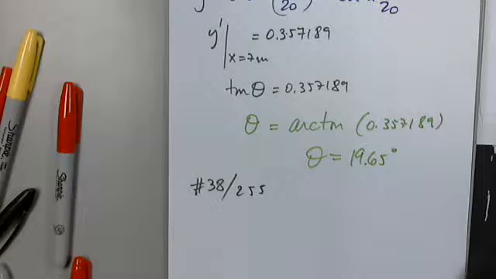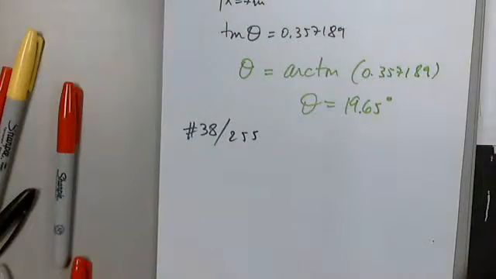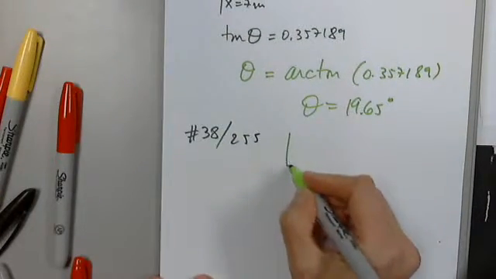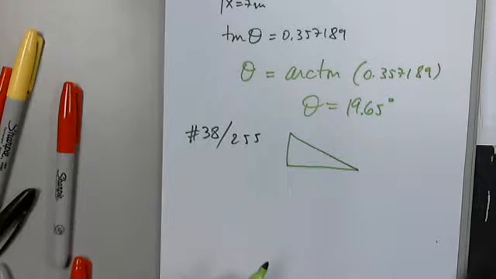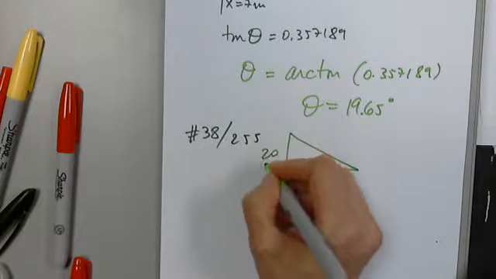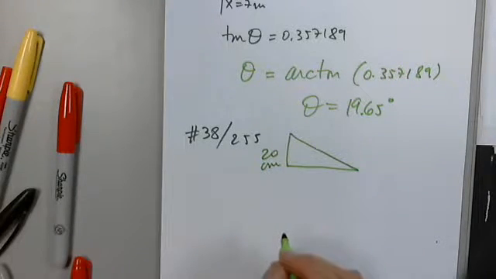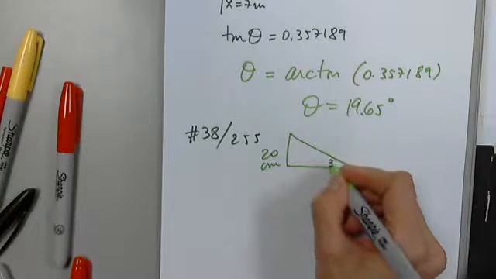So first I have to draw a right triangle. It says one side of a right triangle is known to be 20 centimeters long, and the opposite angle is measured to be 30.